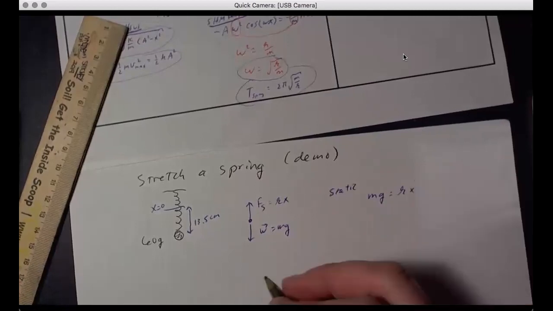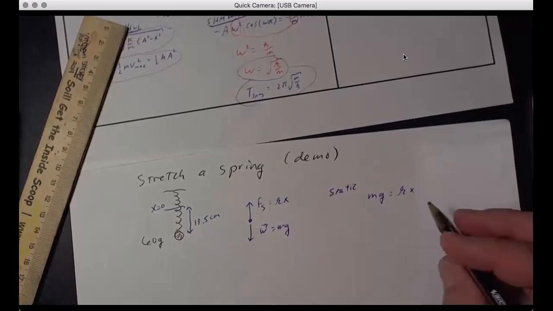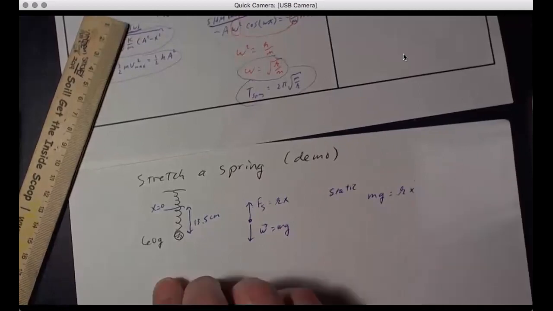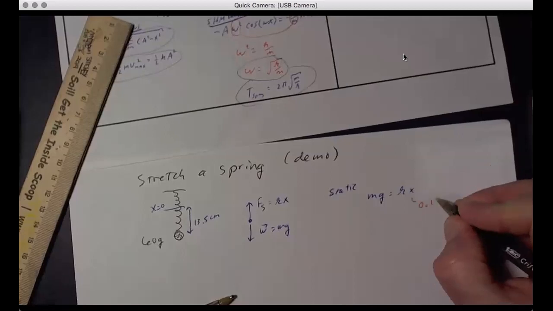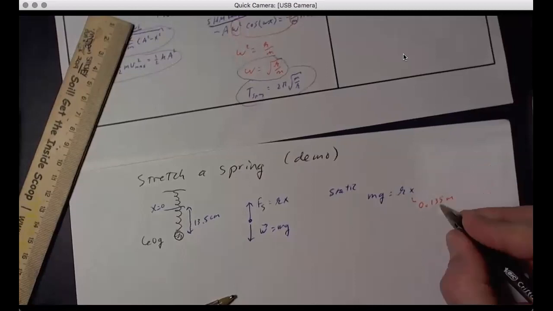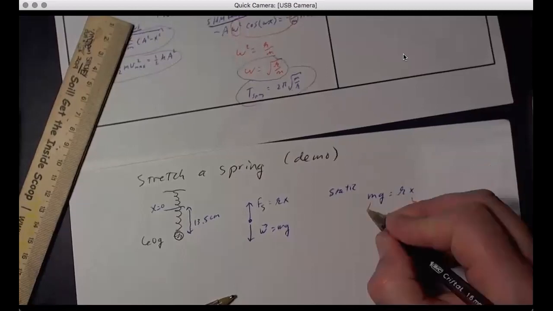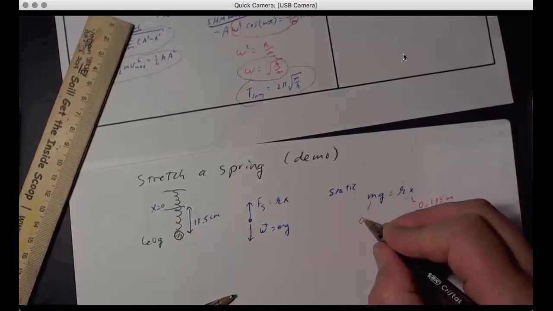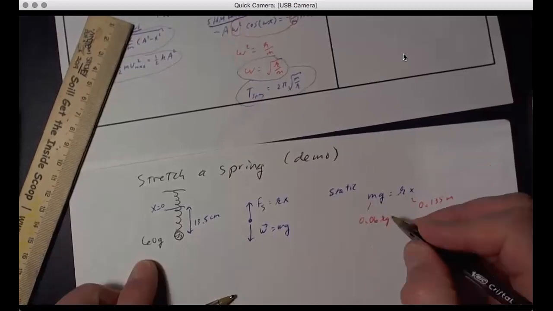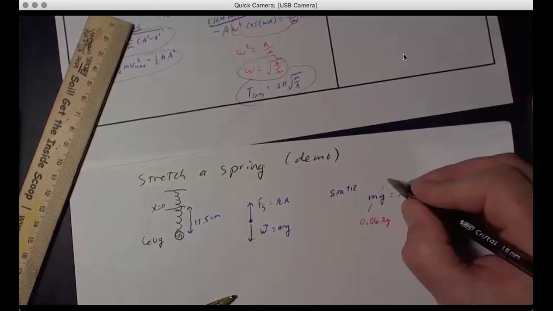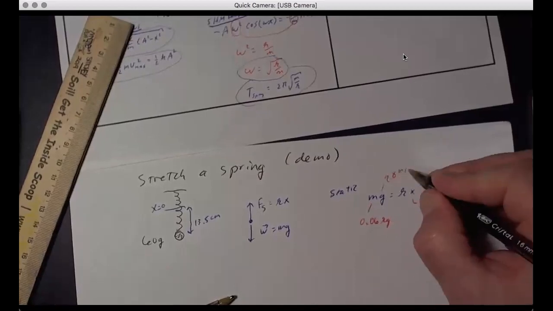And so with what I measured, x is 0.135 meters, that's 13.5 centimeters. m is 0.06 kilograms, 60 grams. g is 9.8 meters per second squared.